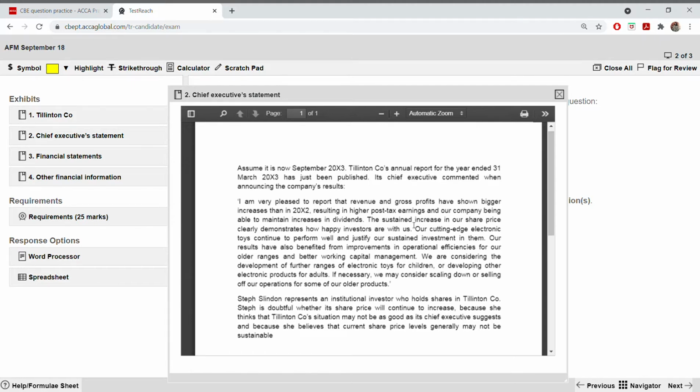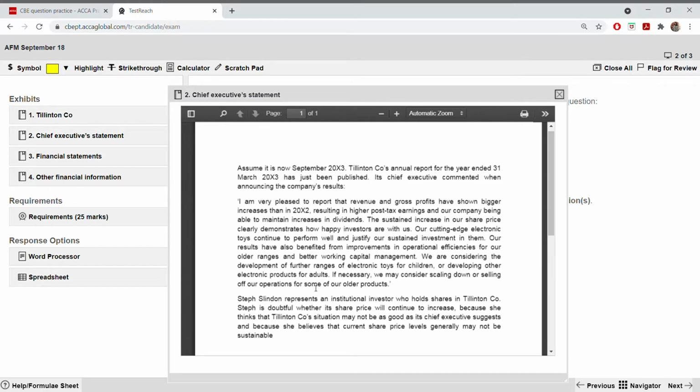Sustained increase in our share price clearly demonstrates how happy investors are with us. So you can see the revenue and gross profit are increasing, dividend has increased, share price increased. Cutting edge electronic toys continue to perform well, along with operational efficiencies in older ranges and better working capital management. They are also considering the development of future ranges of electronic toys for children and electronic products for adults.